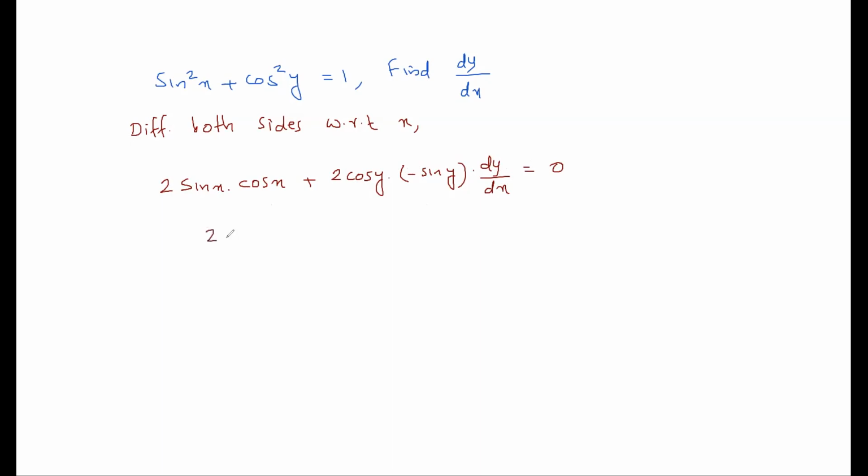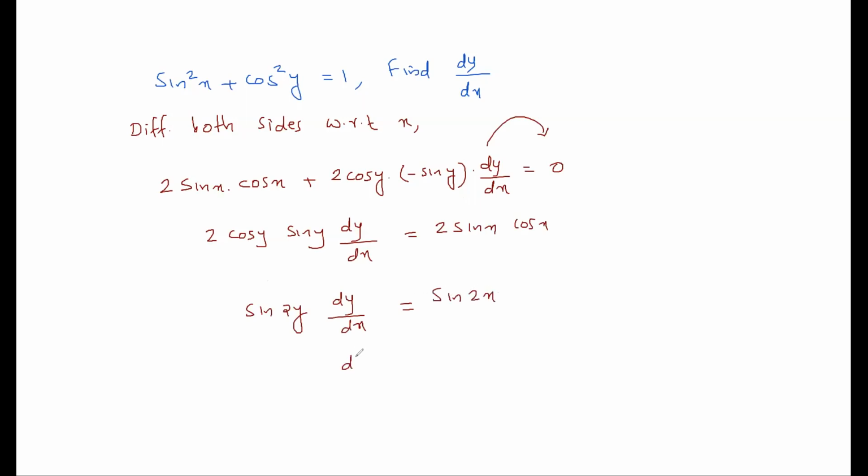So that means 2 cos y sin y dy by dx, right side में गया, is equal to 2 sin x cos x. 2 cos y sin y मतलब sin 2y into dy by dx because that is the formula for sin 2 theta. 2 sin x cos x मतलब sin 2x. So dy by dx is equal to sin 2x divided by sin 2y.